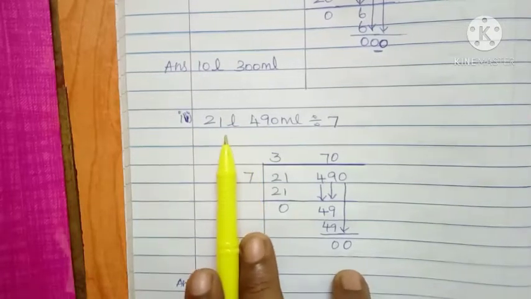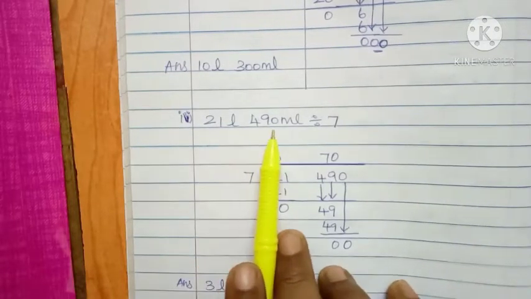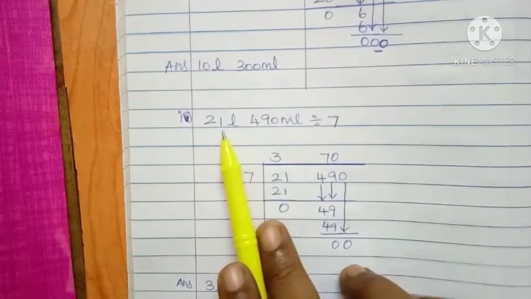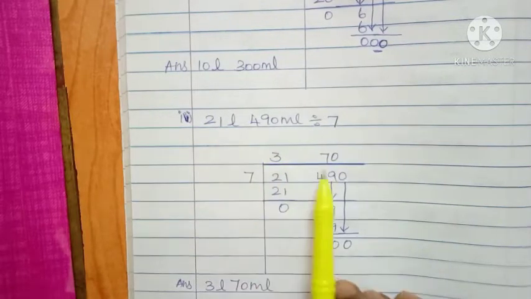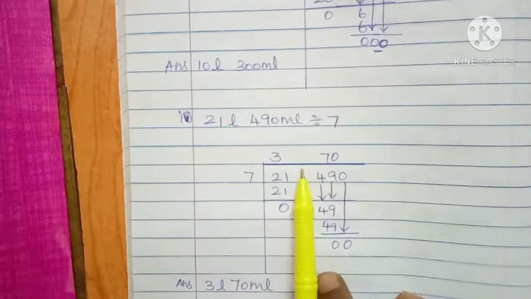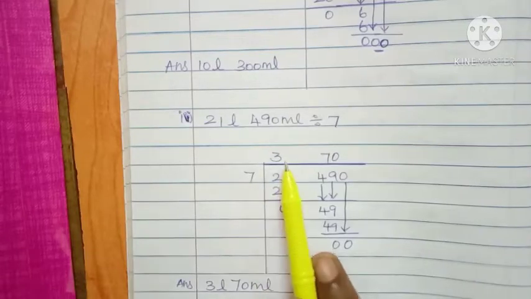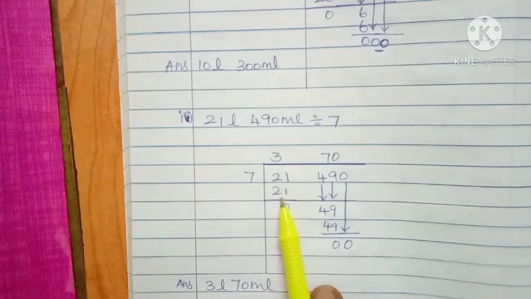Third sum: 21 liter 490 milliliter divided by 7. So take the number here, 21 and 490. Give the space and write liter and milliliter, so it is easy to find the answer in liter and milliliter. That's why the space is given. Then 21 is coming for the 7 table 3 times. 3 7s are 21.